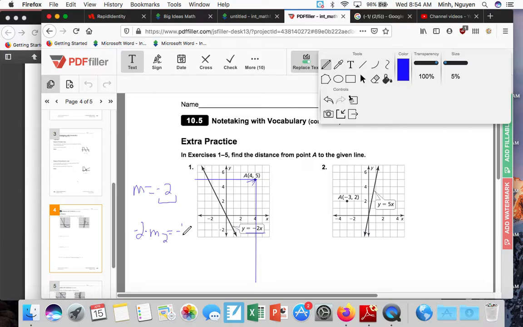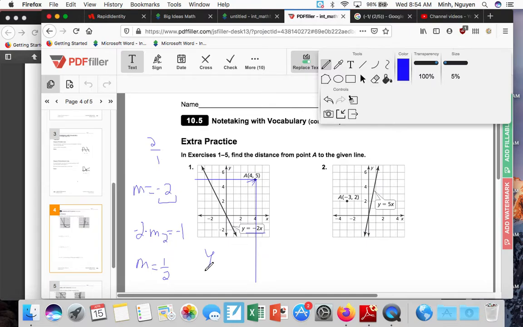Or I can use my shortcut: instead of negative, it's going to be positive, and instead of 2 over 1, it's going to be 1/2. So I know I'm going to have a slope of positive 1/2.